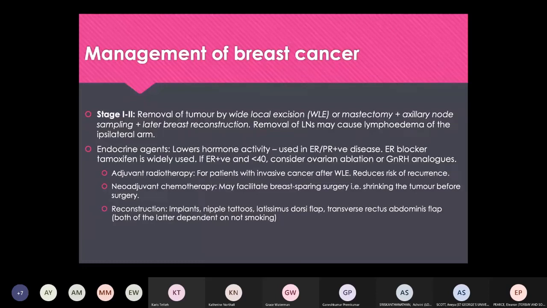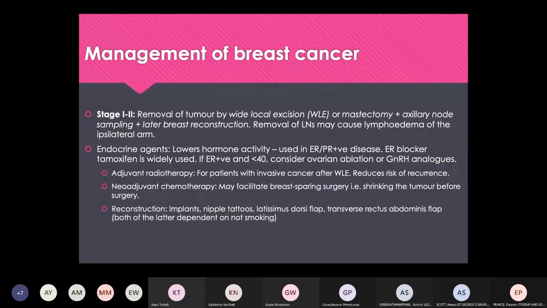And then also we've got endocrine agents. As we mentioned earlier, these estrogen and progesterone receptors respond to certain drugs. Tamoxifen is a really commonly used drug for estrogen receptor positive tumours.